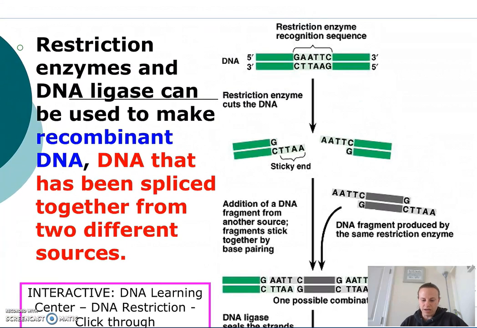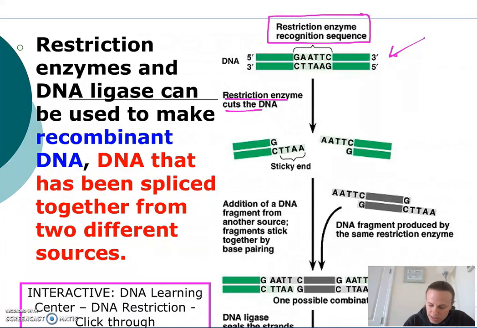So let's say I've got this original piece of DNA here, and I'm going to use a restriction enzyme to cut this piece of DNA at that restriction enzyme's restriction site, which has a recognition sequence. The restriction enzyme cuts the DNA, and examples of restriction enzymes include EcoR1 or HindIII.